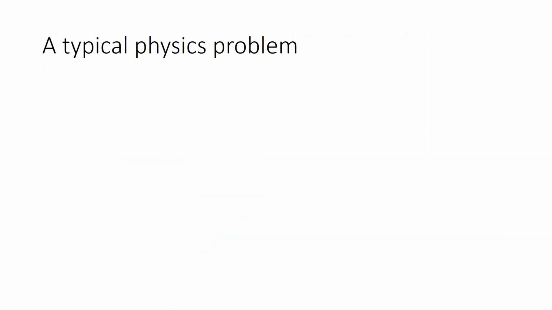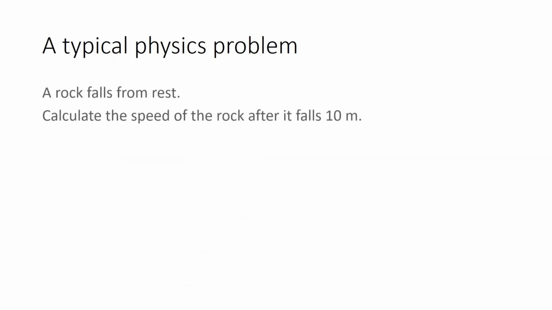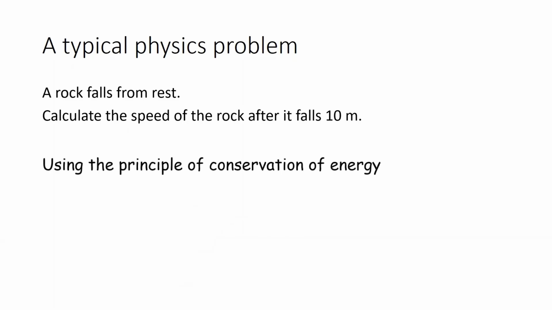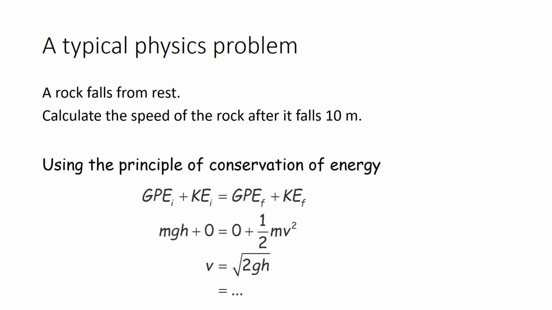So a typical physics problem might look like this. A rock falls from rest. Calculate the speed of the rock after it falls 10 meters. There are several ways for us to solve this problem. One principle we might apply would be the principle of conservation of energy. Using that, we would equate the sum of initial energies to the sum of final energies.